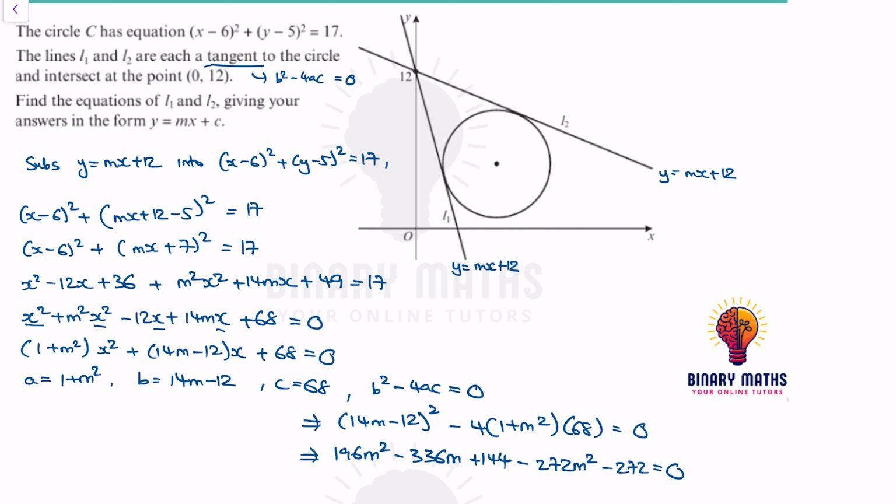If I simplify this, I get 76m squared plus 336m plus 128 equals 0. And I get this by taking everything to the right-hand side. I can divide by 4 now, which gives me 19m squared plus 84m plus 32 equals 0.